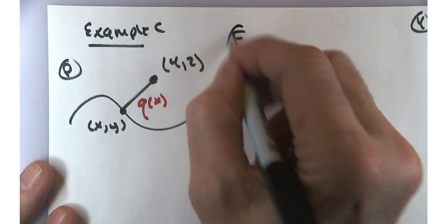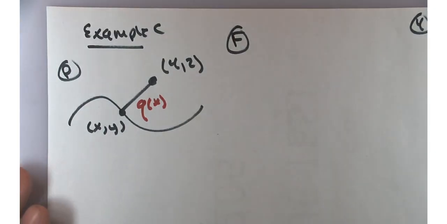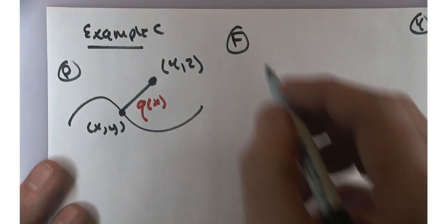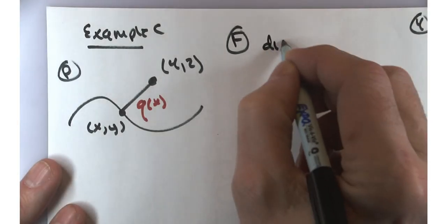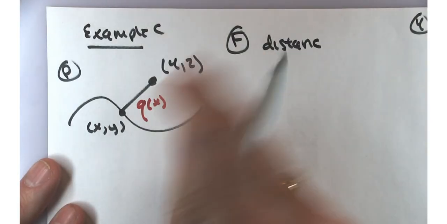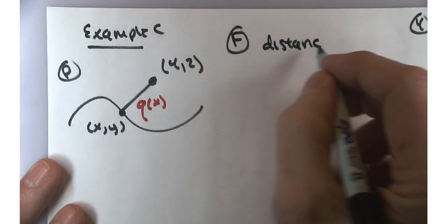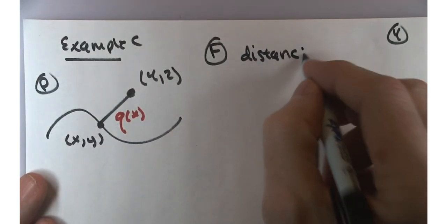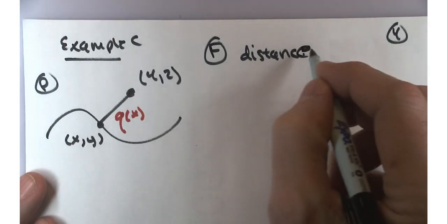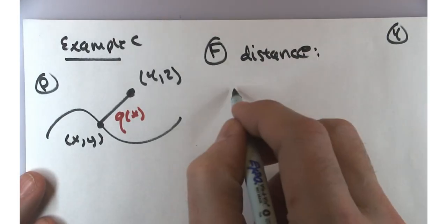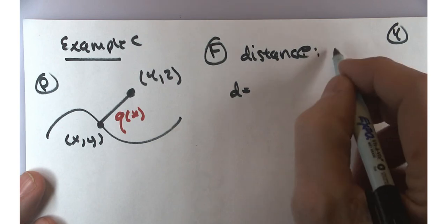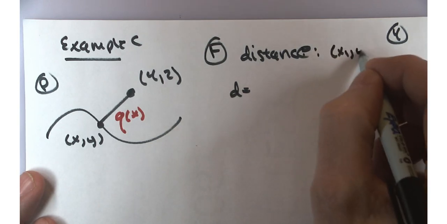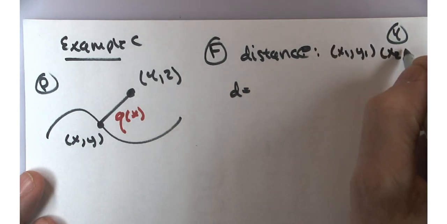Function. All right. Now the function is going to be the distance between these two points. Let me remind you of the distance formula. The distance between two points, say x1, y1, and x2, y2.